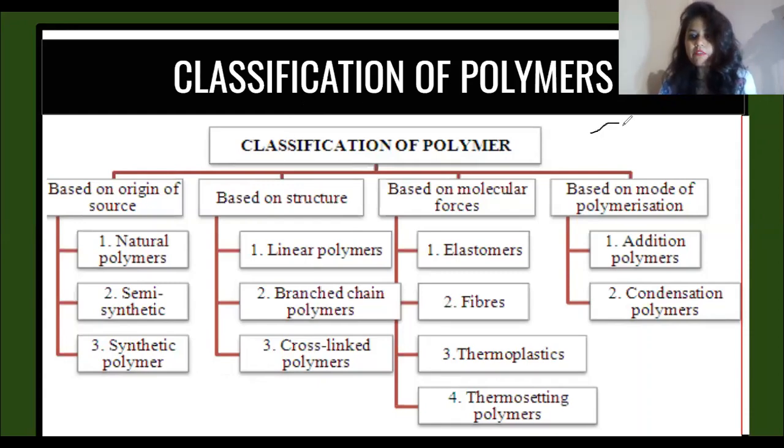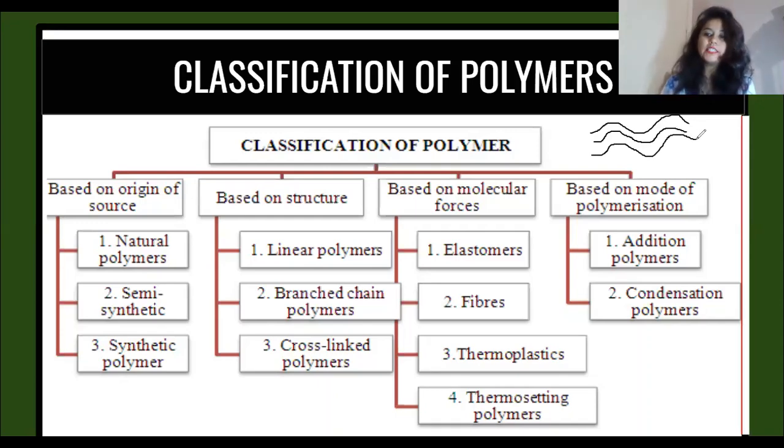For example, if I have a chain of polymer, and all the different chains of these polymer units are stacked one on top of another, that will be called linear polymers. The advantage of linear polymers is that they will have high density, high tensile strength, and obviously very high melting and boiling points.